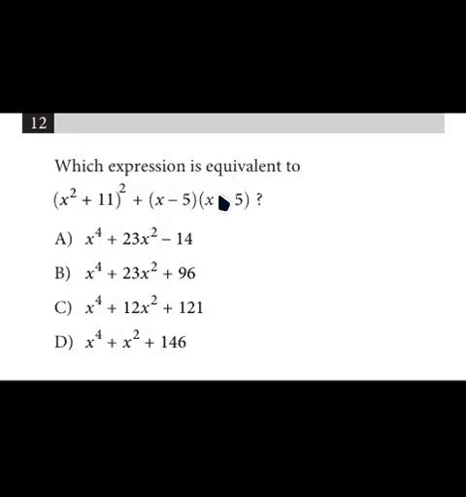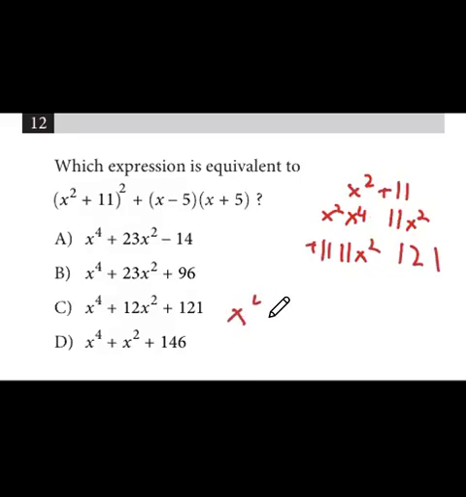Okay, so question 12. Which expression is equivalent to (x squared plus 11) squared plus (x minus 5) times (x plus 5)? In this case, we're just going to multiply this out. So we have (x squared plus 11) times (x squared plus 11). Let's write it out. That's going to be x to the fourth, 11x squared, 11x squared, and 121. So this is going to be x to the fourth plus 22x squared plus 121.